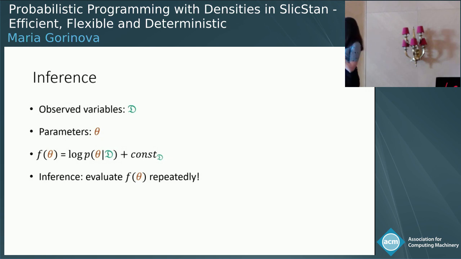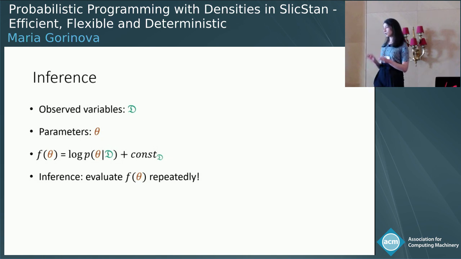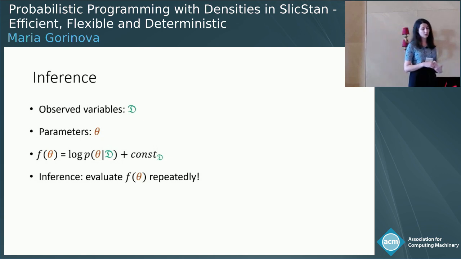If our observed variables are D, and our parameters are theta, if we're given a function on the parameters that is proportional to the posterior, to P of theta given D, then if we can evaluate it, we can use this function to sample from the posterior. We don't need the actual posterior, we only need something proportional to it.